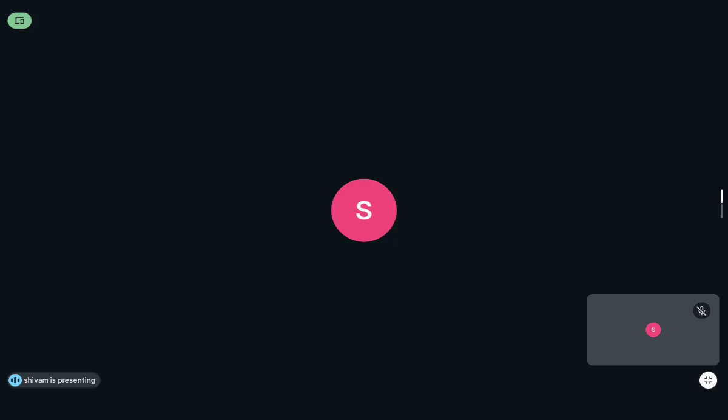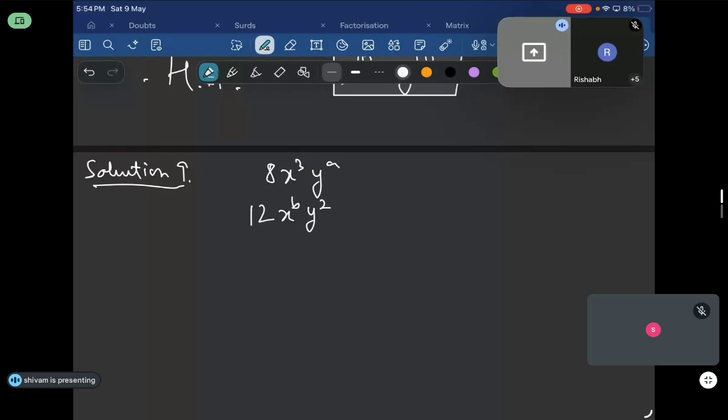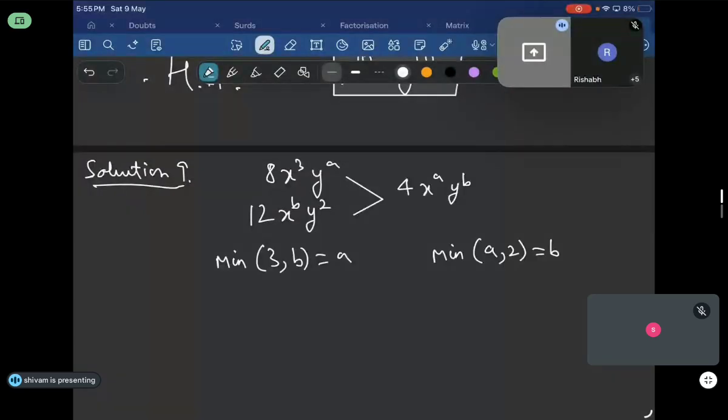That means the minimum value of 3 comma b is equal to a, right? And the minimum value of a comma 2 is equal to b, right? Tell me, are you people getting yes or no? Minimum of 3 comma b should be equal to a and minimum of a comma 2 should be equal to b.